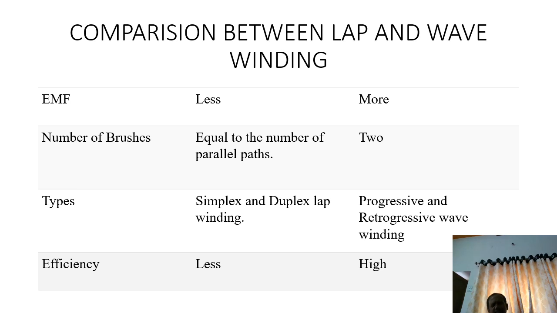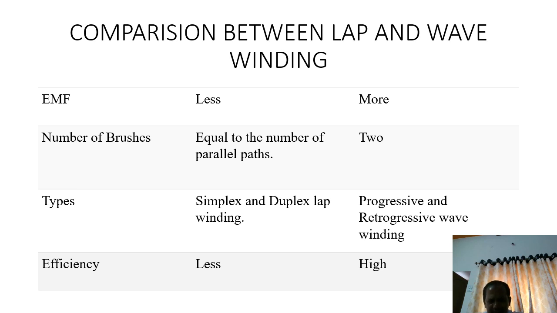Next, lap windings are classified into two types: simplex lap winding and duplex lap winding. Wave windings are classified into progressive and retrogressive wave windings.